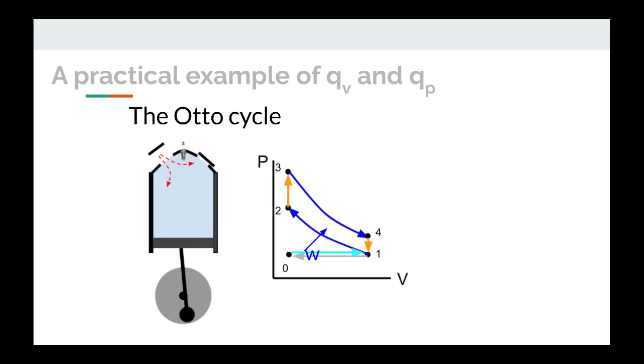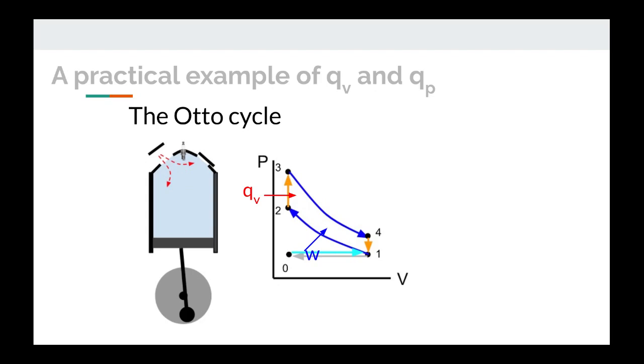Then at 2, the spark occurs, the valves are closed, and in a very rapid time frame, the gasoline mixture that's inside of the engine combusts and increases the temperature dramatically. If the temperature goes up and the volume is pretty much constant, that means the pressure is going to rise. So with that addition of energy through heating at constant volume, we get a dramatic increase in pressure.